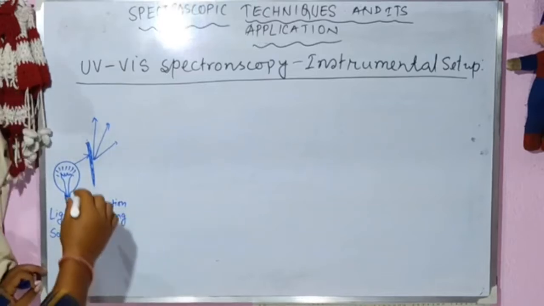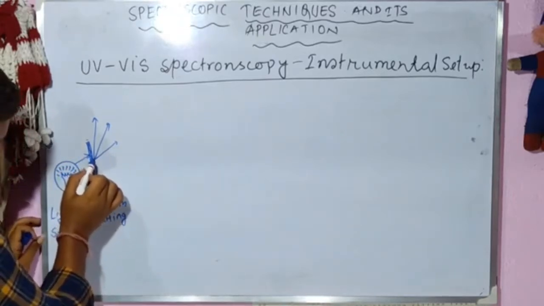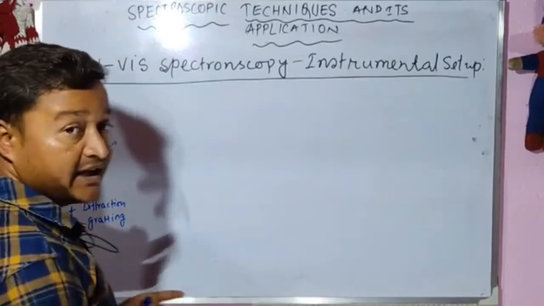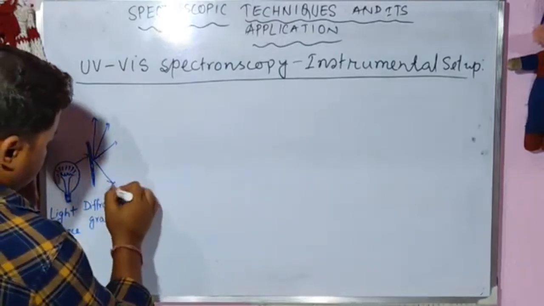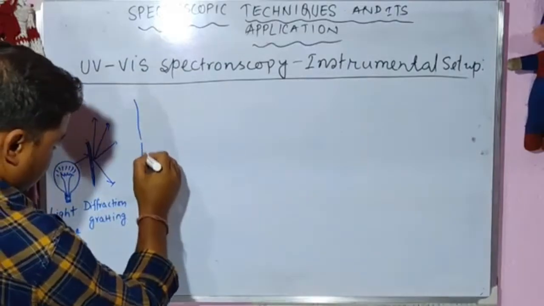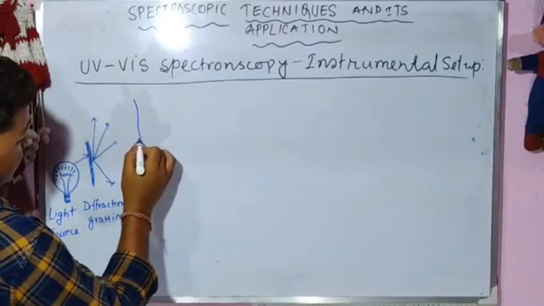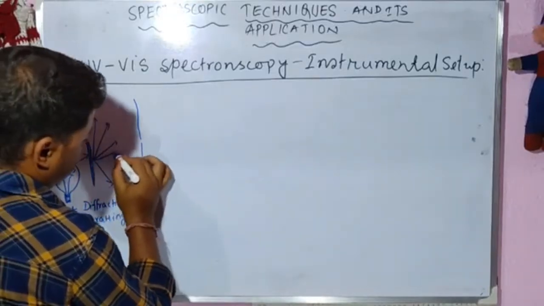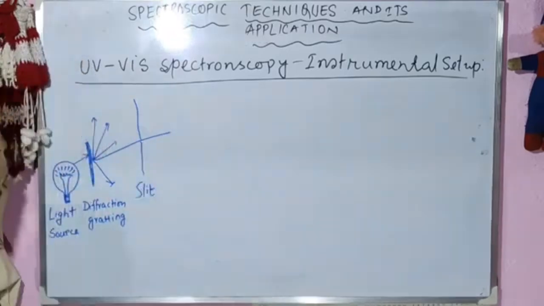It splits the light into several beams. This is called a slit. Here there is a hole, and only a single beam of light can pass. Okay, this is the slit.